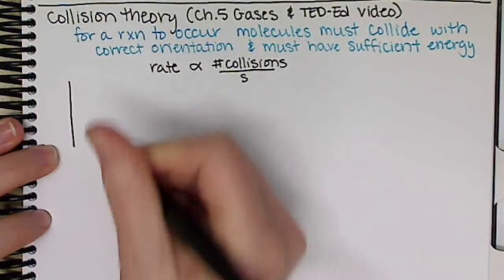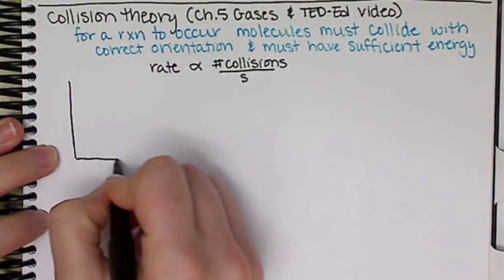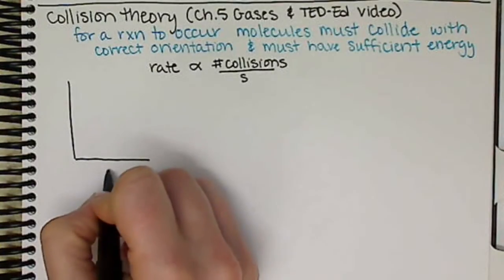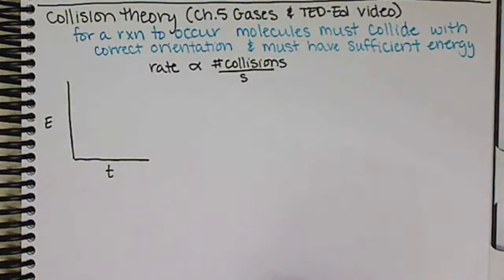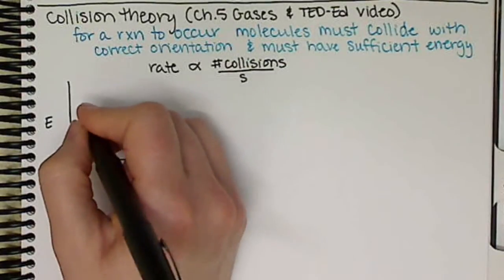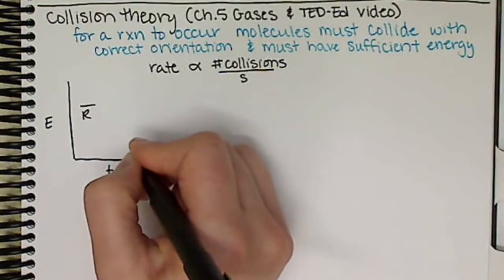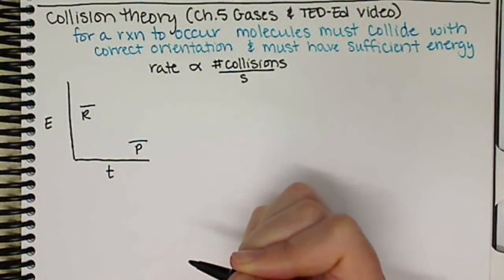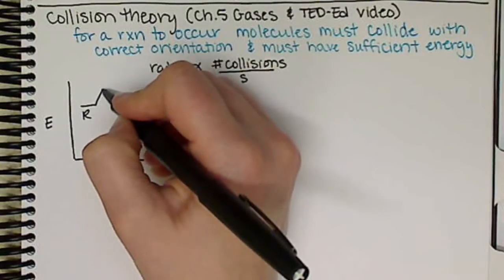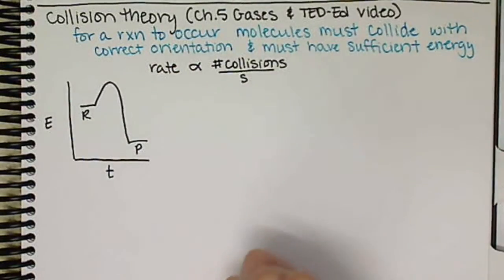So if we look at this graphically, we have time and then we have energy. Previously, we've seen a graph similar to this where we start with our reactants, we end with our products, and we have some sort of pathway that we have to take in between.